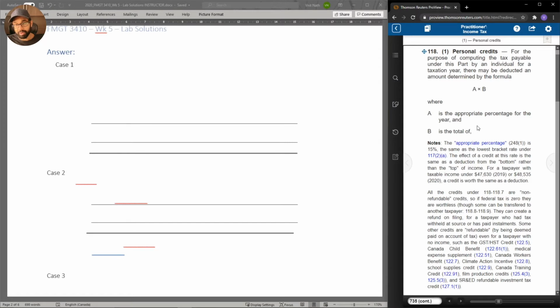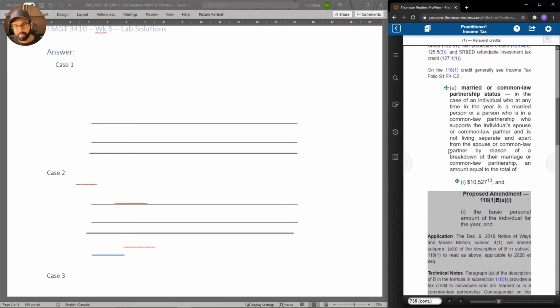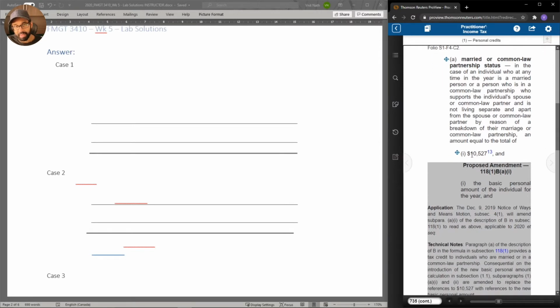As a quick reminder, you could scroll down here to paragraph A, where it talks about what credit would be available to an individual that is either married or in a common law relationship. You'll see the number here, 10,527 with a superscript 13. It's not to the power of 13, that's a reference to a footnote.